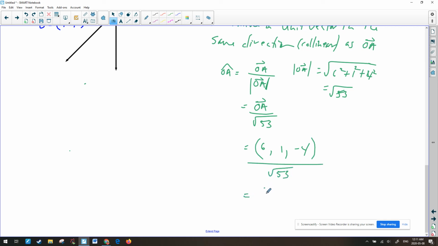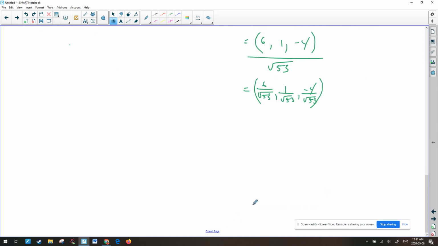Alternatively, you could say it's just 6 over root 53, 1 over root 53, and -4 over the root of 53. Now, hopefully some of you are thinking, that's bad form. It is bad form. I haven't rationalized the denominator. In post-secondary, some of your professors or TAs will accept it like that, and others would say that's blasphemous. But you guys know how to do that.